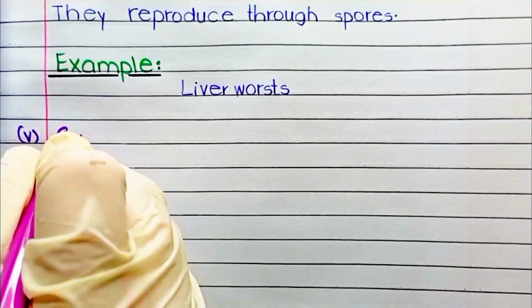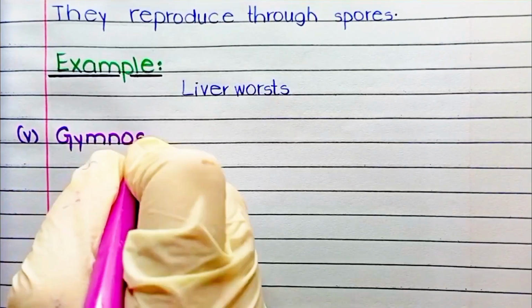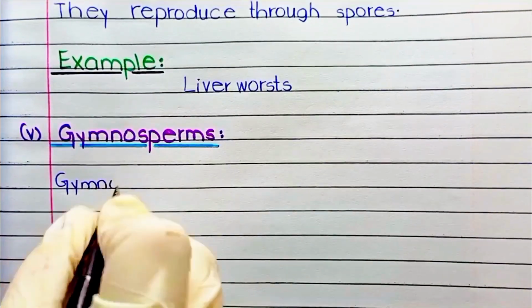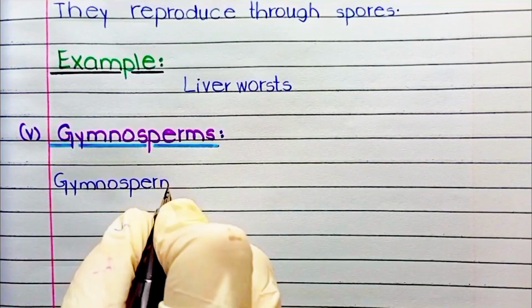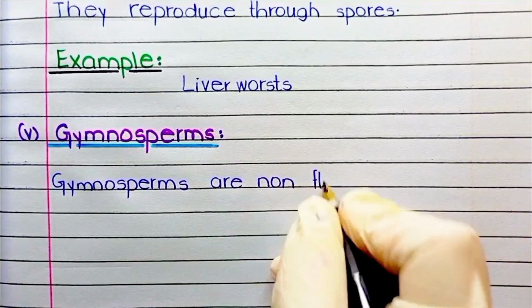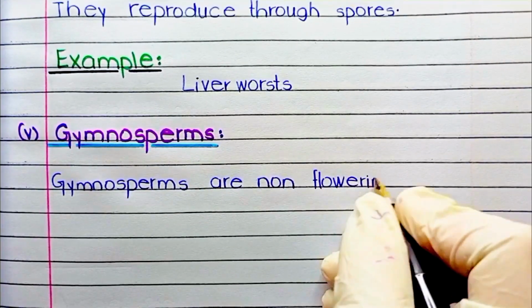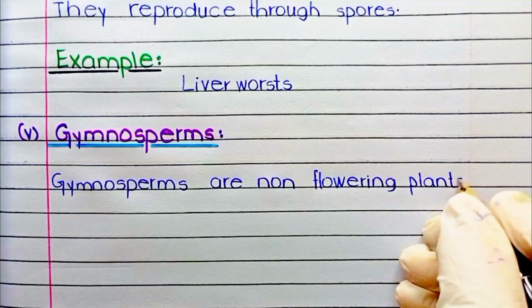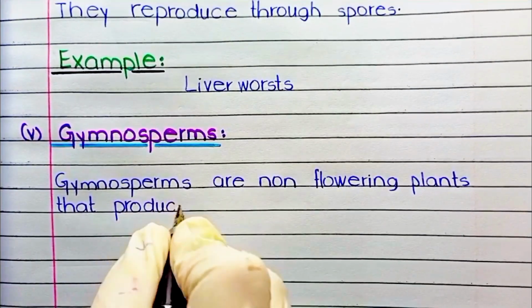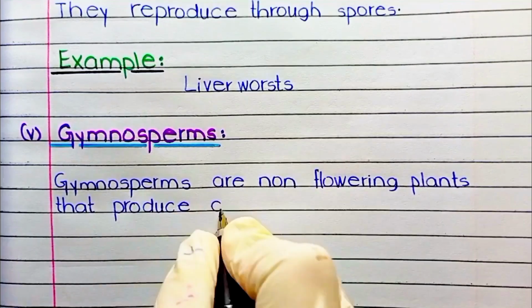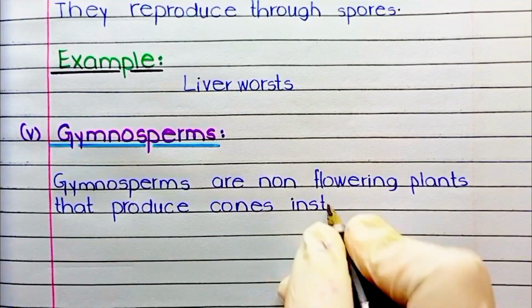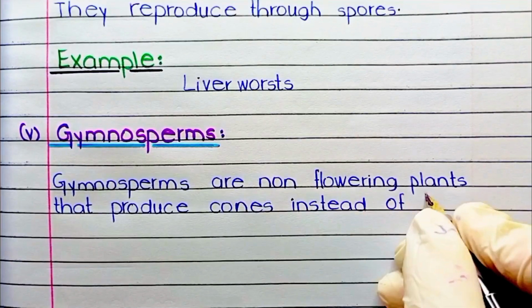Now the last one is gymnosperms. Gymnosperms are non-flowering plants that produce cones instead of flowers.